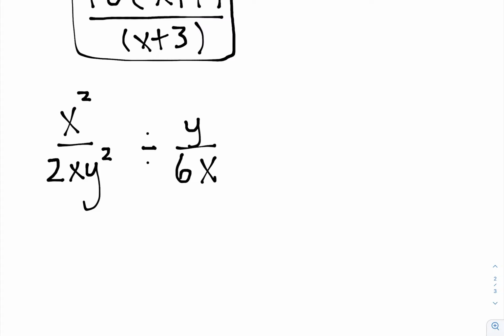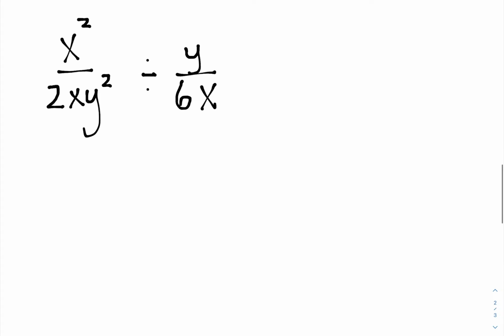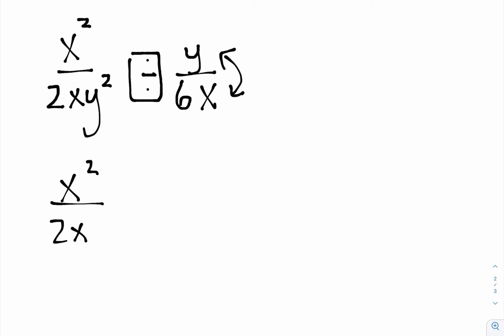Okay, so we have two sets of rational terms and we're dividing them, so let's make this a multiplication first by flipping the second and multiplying. So we have x squared over 2xy squared. Keep that the same, and we're going to multiply by 6x over y.